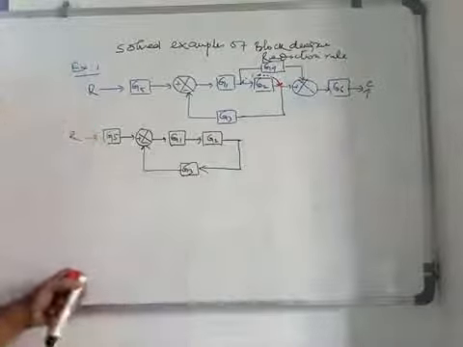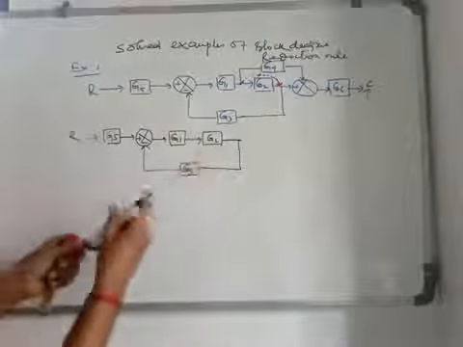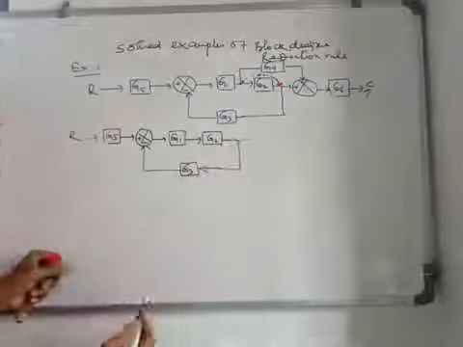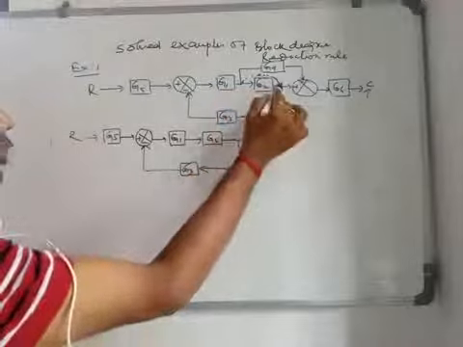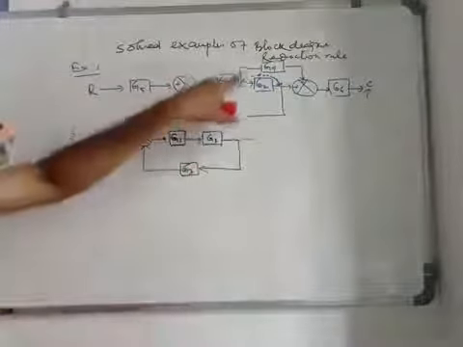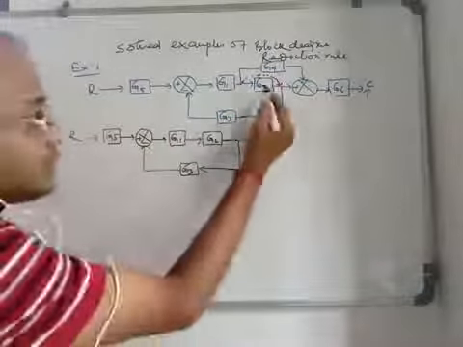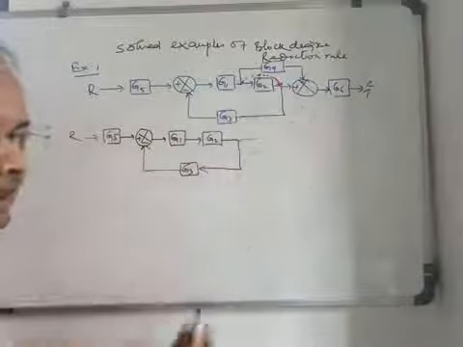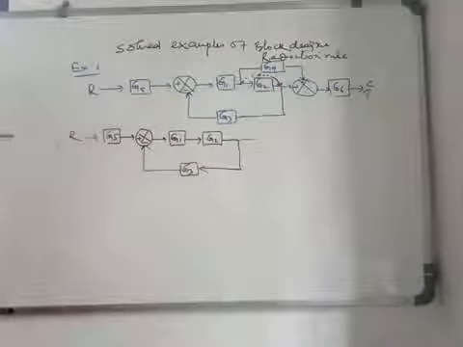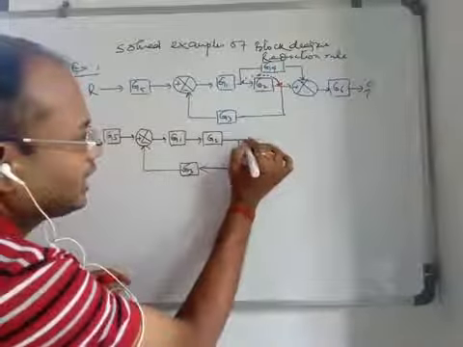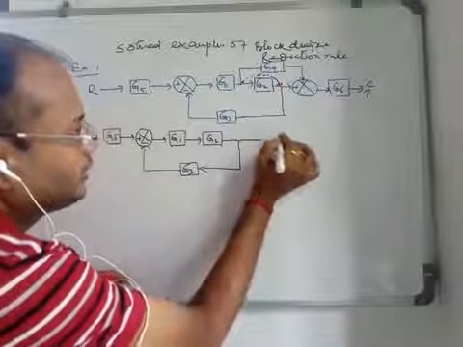So what happens next? Here there will be another takeoff point. That means this takeoff point is shifted to this. That means when this takeoff point is shifted from the left hand side of any block, the left hand side of the block G2, to the right hand side of that block, what happens? Rest of the things you will get.